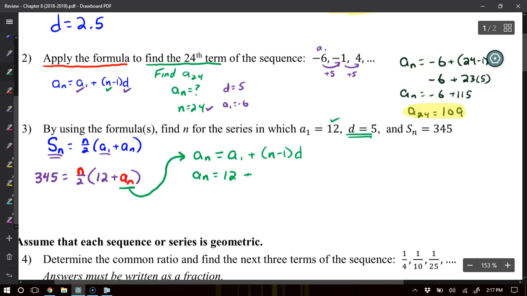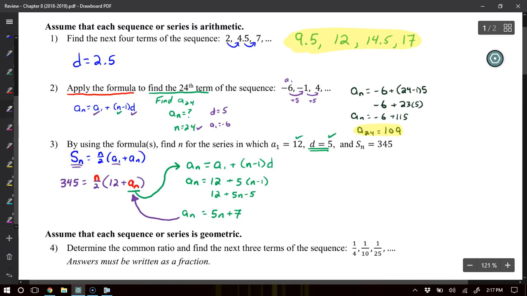I still don't know n, and that's okay. So n minus 1, but I do know my difference is 5. So I can distribute and combine like terms. a sub n is 5n plus 7. And what's nice about that is I can plug it into this formula using substitution.